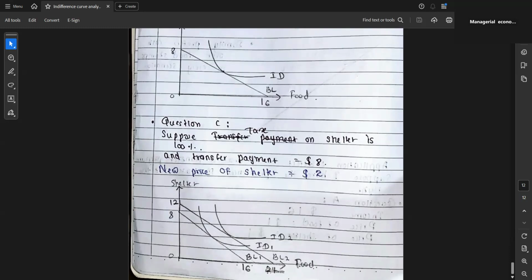The consumer has the ability to buy a maximum of 24 units of food with the transfer payment and the income he has. And for shelter, still the tax is there, so the price of shelter inclusive of tax is $2, and the maximum amount he can buy of shelter is 12 with the addition of the transfer payment.